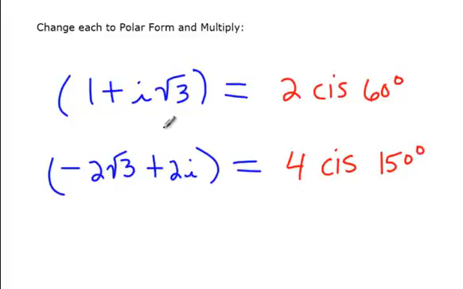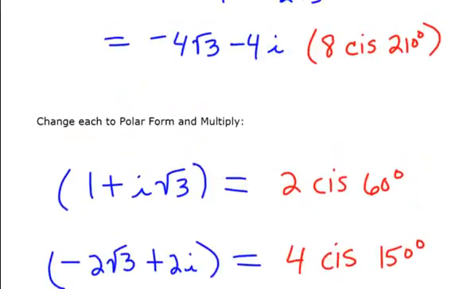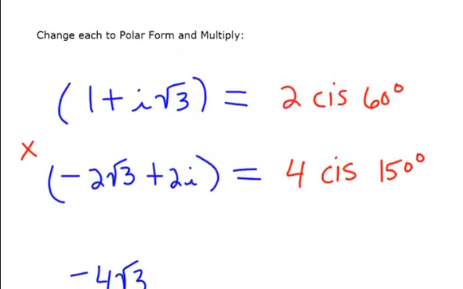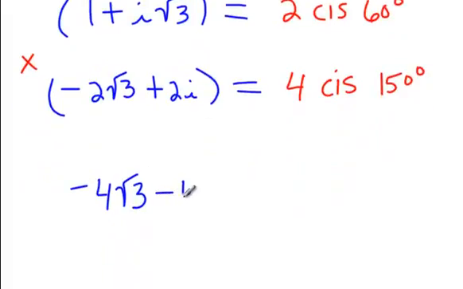And what did we do up top? We took these two in rectangular form, multiplied them together, and we got negative 4 root 3 minus 4i. So the product of those two was negative 4 root 3 minus 4i. And when we converted that one to polar form, we get 8 cis 210.